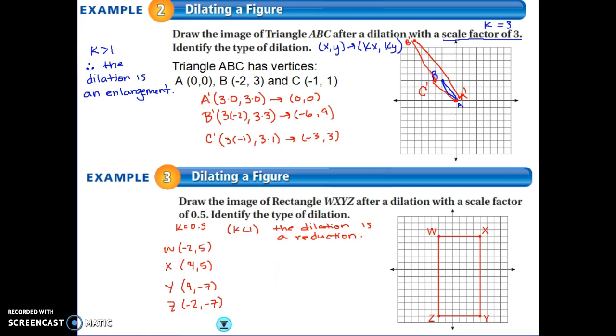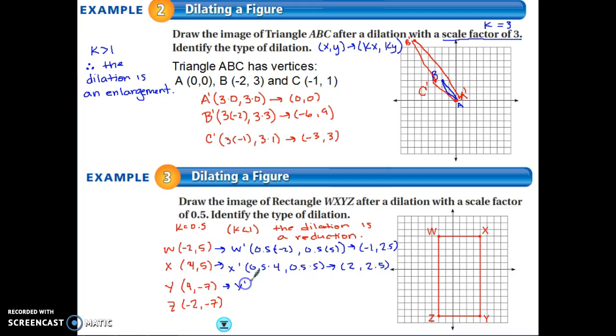To find our new coordinates, I need to take each of the x's and y's and multiply them by that k value of 0.5. So W prime becomes 0.5 times -2 and 0.5 times 5. This ordered pair becomes -1 and 2.5. For X, my new X is 0.5 times 4 and 0.5 times 5, which is 2 and 2.5.